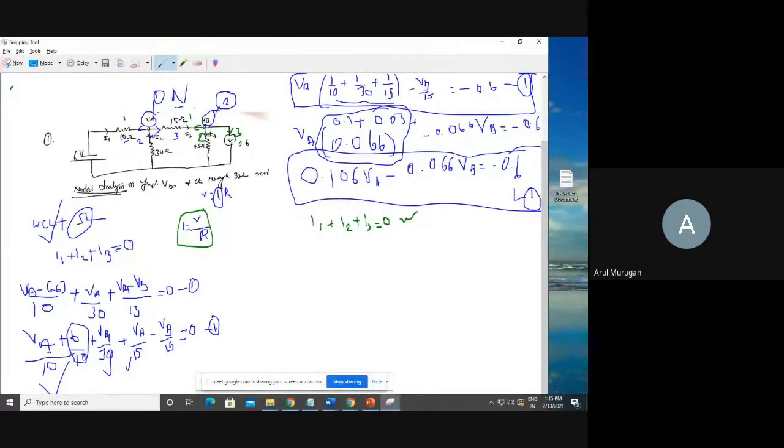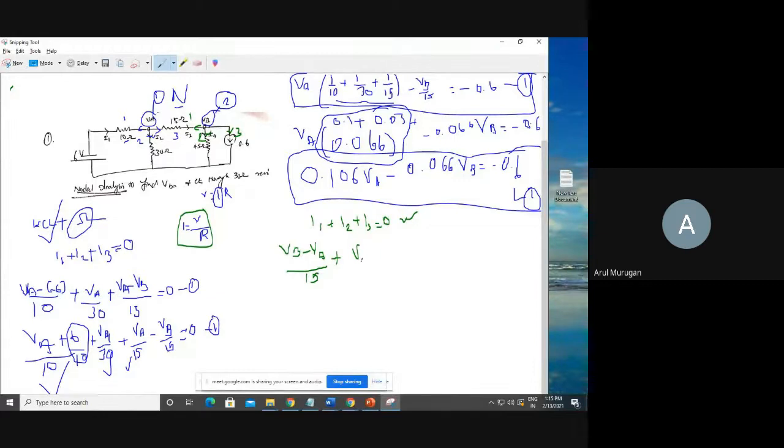Directly I will go. Where is I1 considered? This is a point I can consider. Then VB minus VA, because my node starting point is VB. So write down VB minus VA divided by 15. Plus I2, considering this downward direction: VB divided by 45.